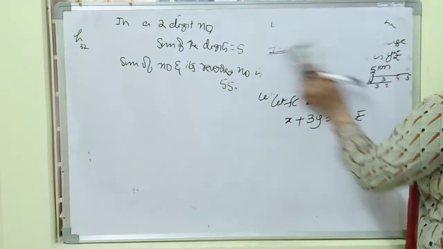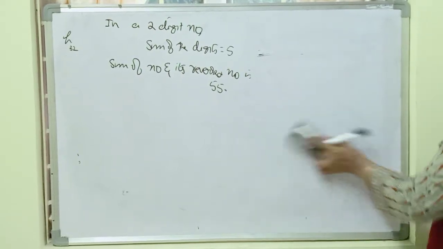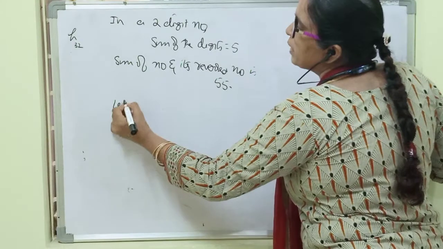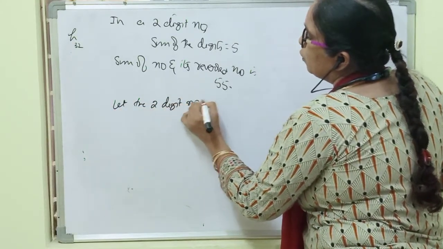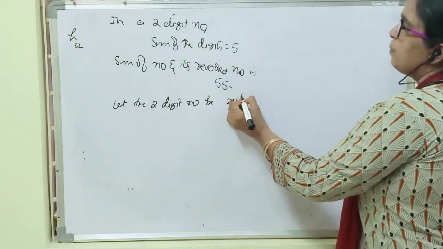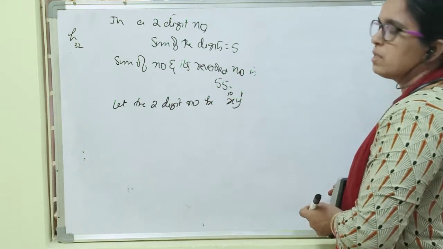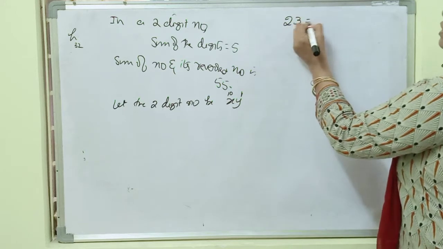To do so, we don't know what the 2-digit number he is thinking about is, right? So let the 2-digit number be xy. That implies the units place has y and the tens place has x. For example, from your lower classes, 23: what is the expanded form?